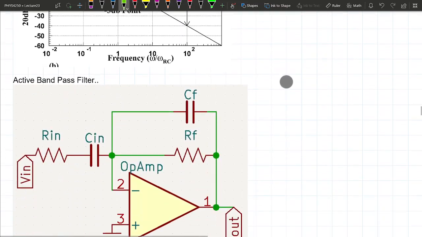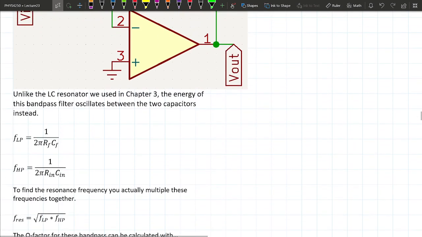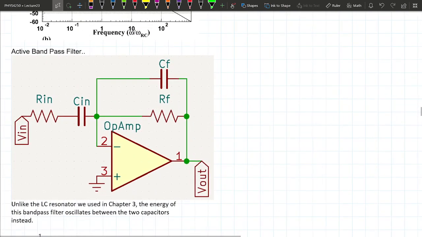If you want to build a bandpass filter, just as you did in lab 3 when you did a bandpass filter, you used a capacitor and an inductor. Now you don't even need the inductor anymore.